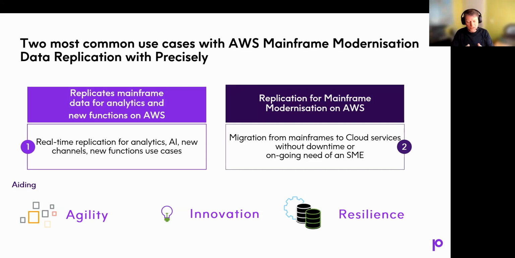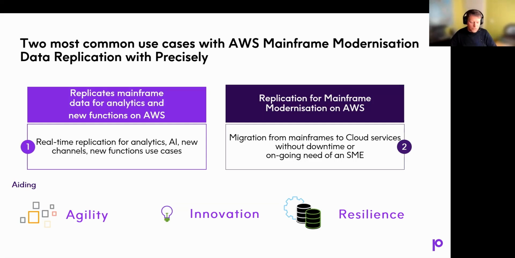So this is not a situation where you have an existing mainframe application, but it is just, I have my data and I have this new service that is available in the cloud, and I want to run this service in order to analyze my data or to train models, AI models. So whatever new functionality you can imagine and that is available in the cloud and where you want your mainframe data analyzed, that is this first use case.